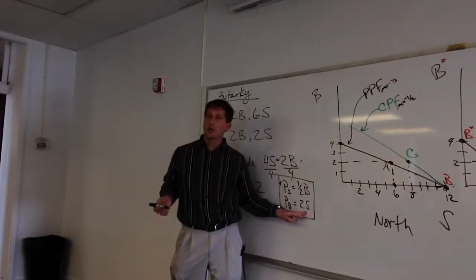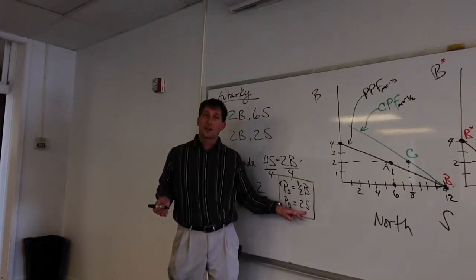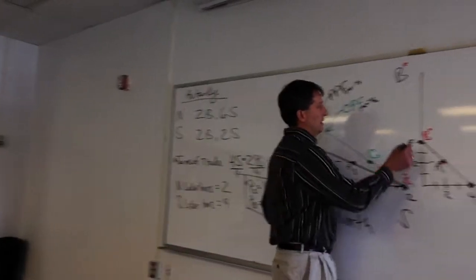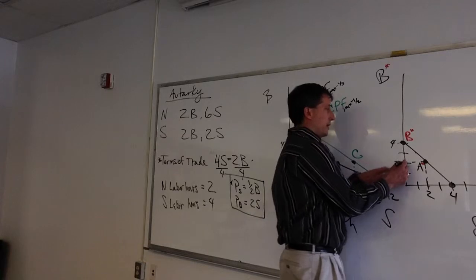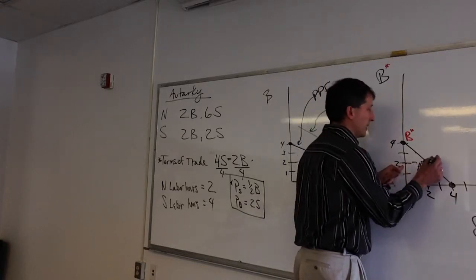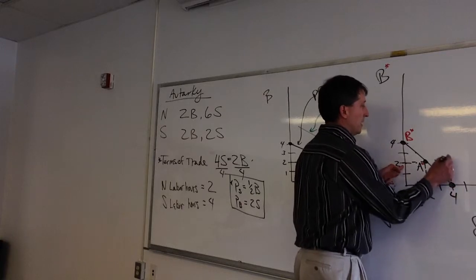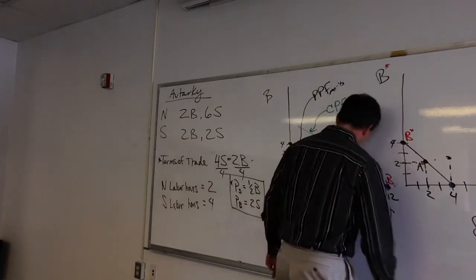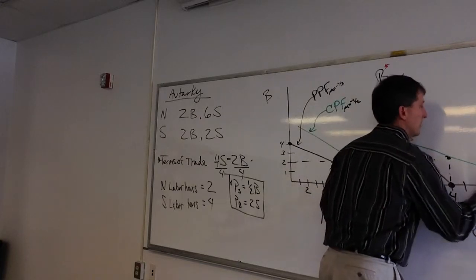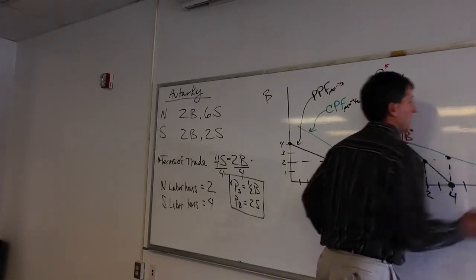They're going to sell off 2 of them. They're going to get 4, right? They're not going to get 1, 2. They're going to get 1, 2, 3, 4. And so their consumption possibilities follow that line.